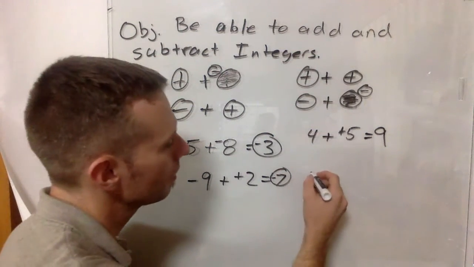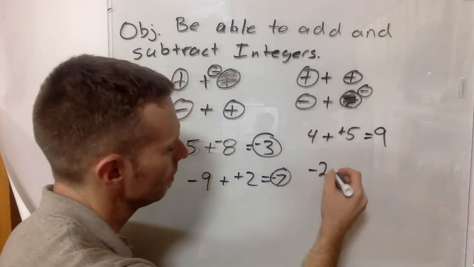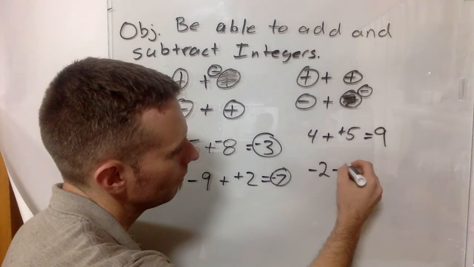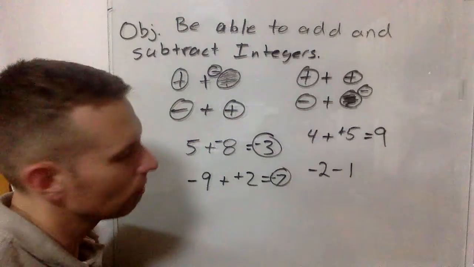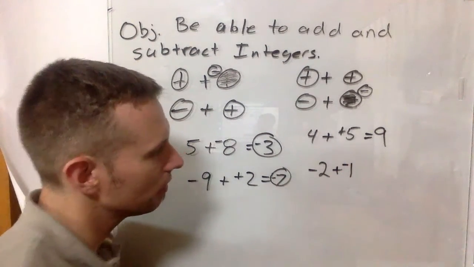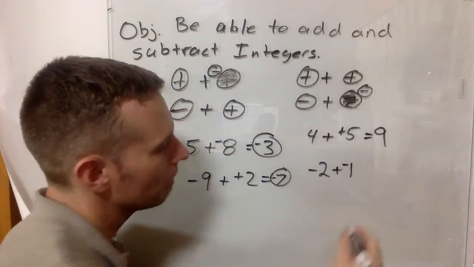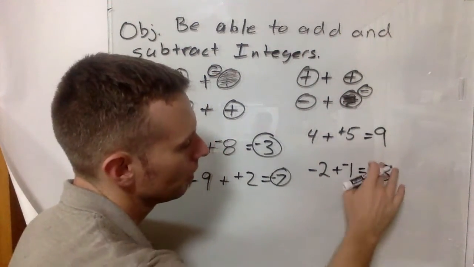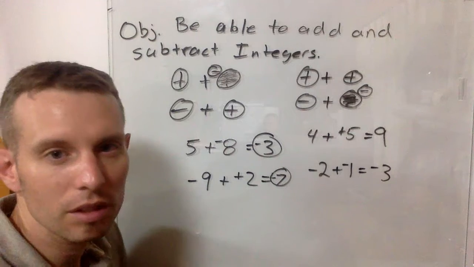And last but not least, I believe we have negative 2 minus positive 1. So we're going to add the opposite. The opposite of positive 1 is negative 1. So we have negative 2 plus a negative 1. We learned from before that you add them together. Negative 2 plus negative 1 is negative 3. Same sign, 2 and 1 is 3. They're both negative, so it's negative 3.